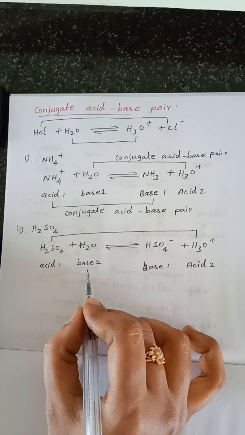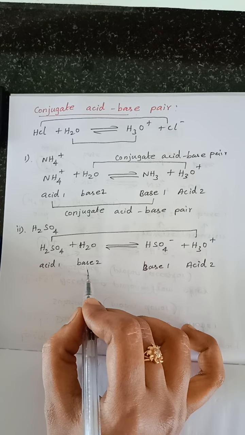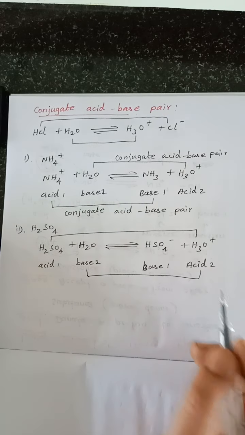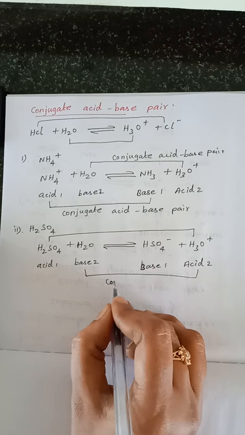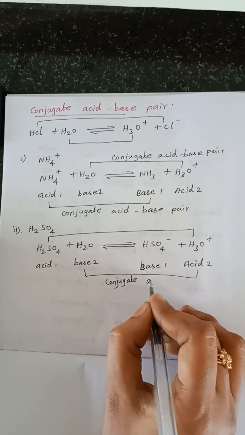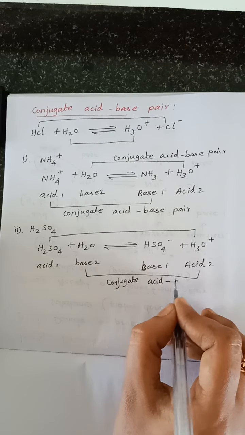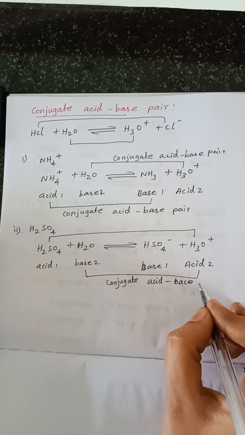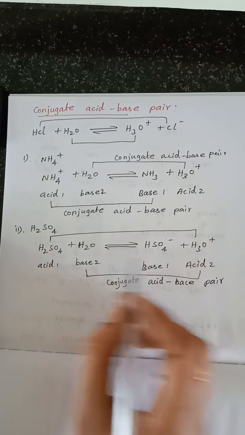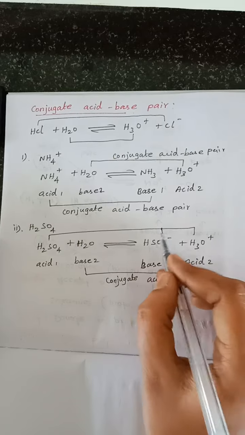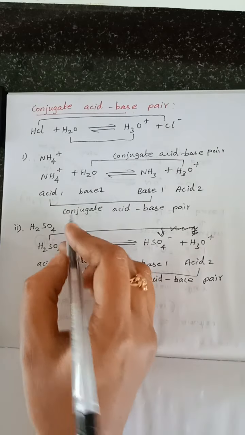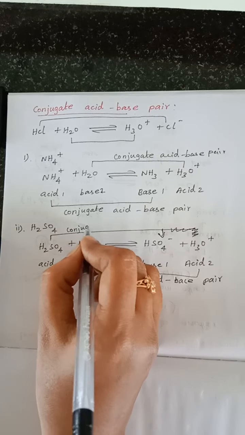Then base 2 to acid 2 is another conjugate acid and base pair.